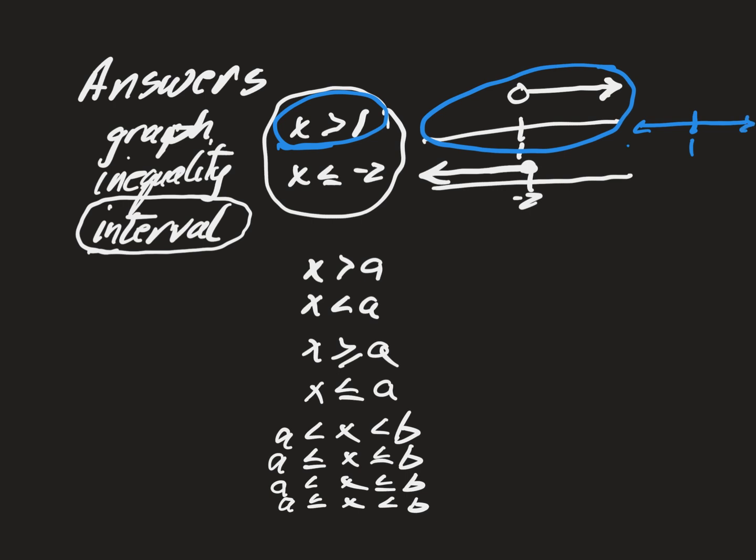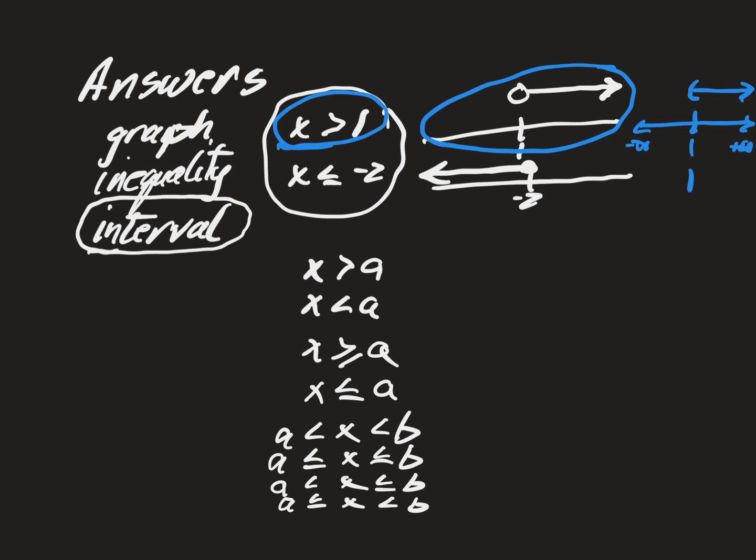Where does it go? Well, it goes to negative infinity on the left and positive infinity on the right. And then instead of an open circle, we use a parenthesis. And so this would also be a correct graph. But this also shows us how to do the interval notation.